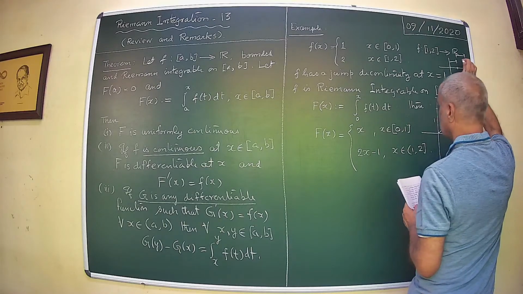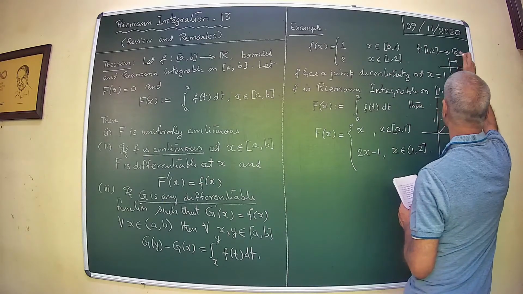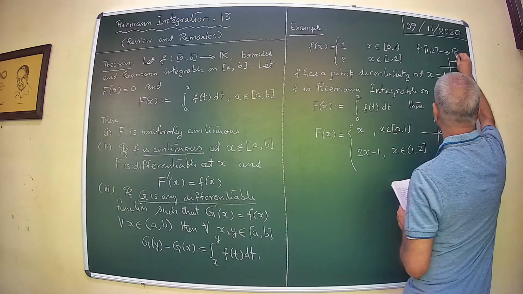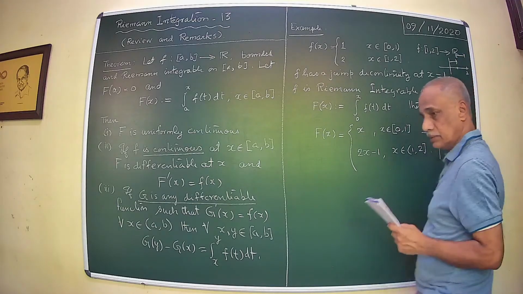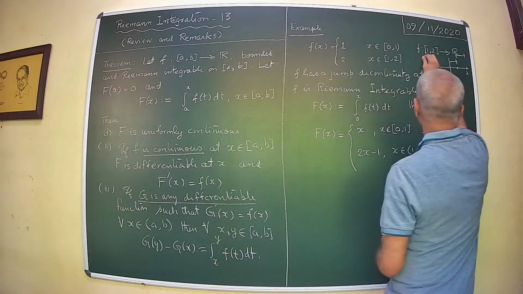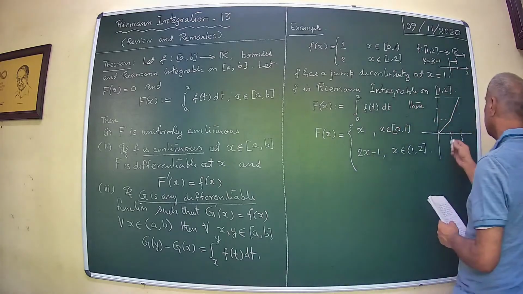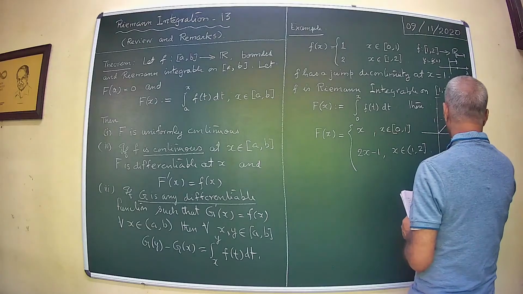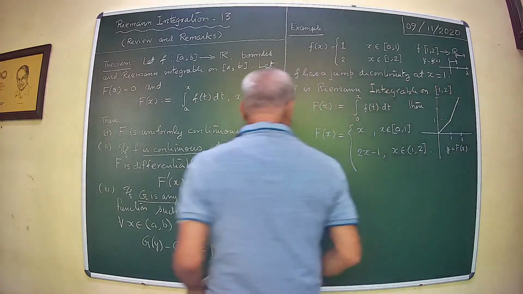I defined it as 2 at this point. Okay, so that's a function, and this is the function y equal to f of x. And this is the graph of y equal to capital F of x. So observe that F is continuous.